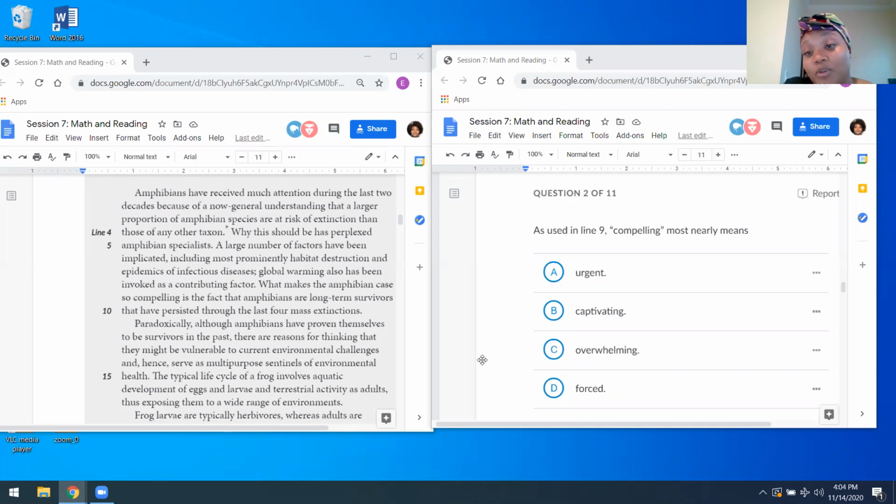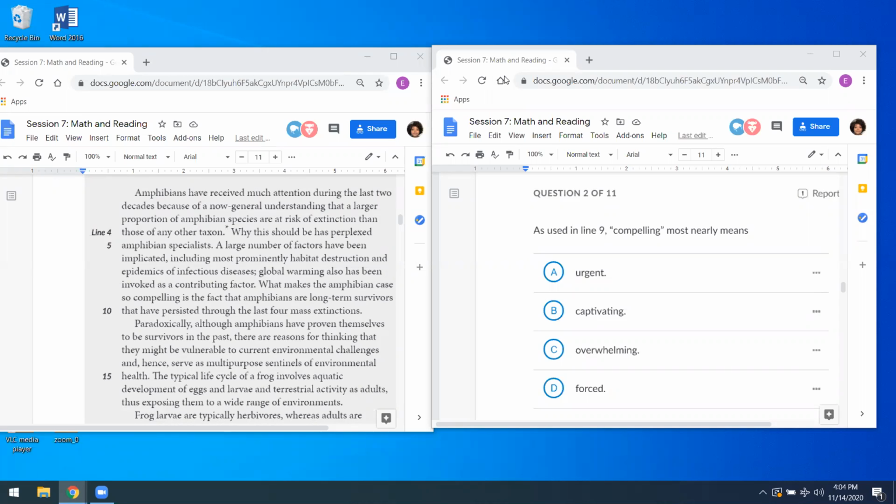I feel like it's even more so answer choice B in a way. Captivating means interesting. That was the same impression I got, honestly. I could see by what they're really trying to say that it's A, because the whole passage is about factors and how they're depleting and it's going down.